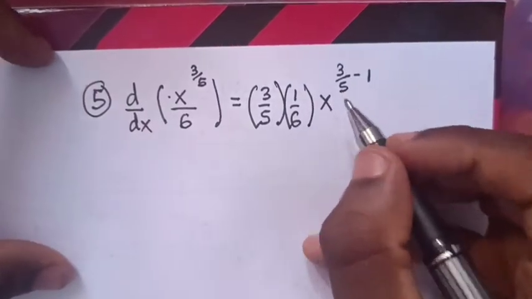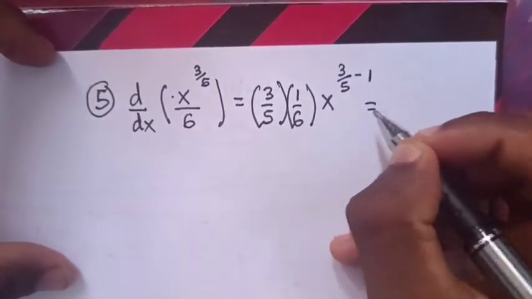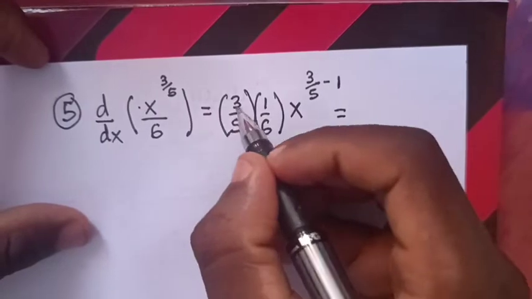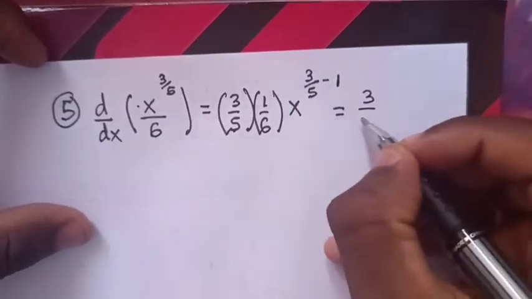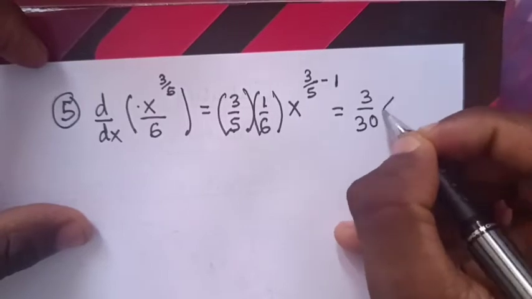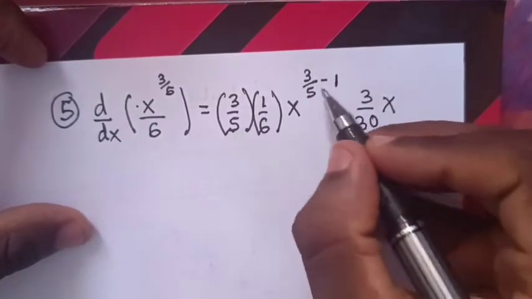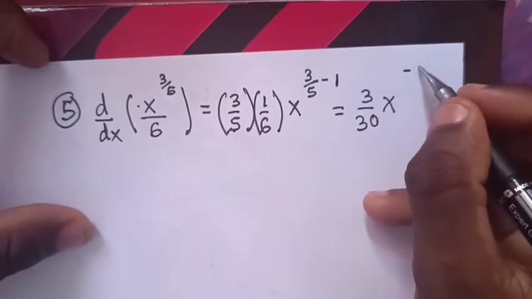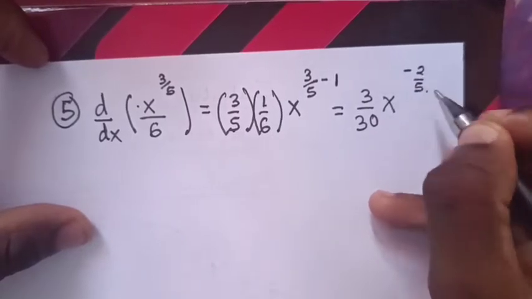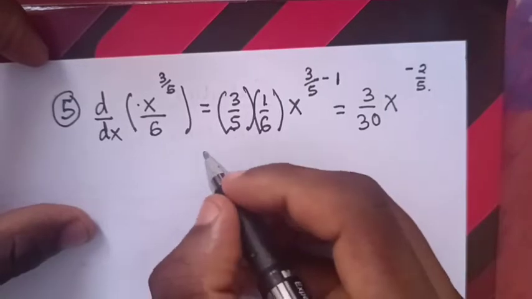So this equals 3 times 1 is 3 over 5 times 6 is 30, x to the power of 3 over 5 minus 1, which is negative 2 over 5.